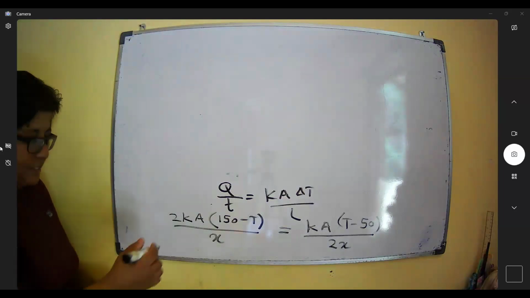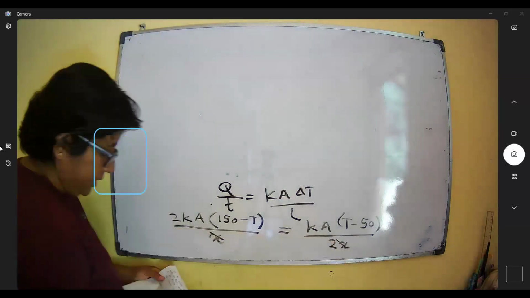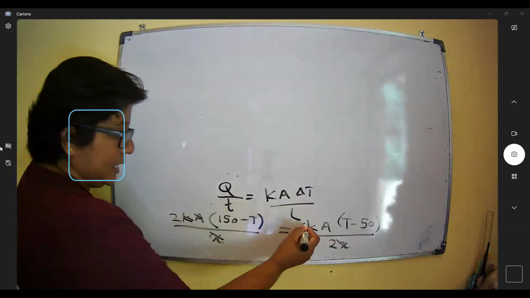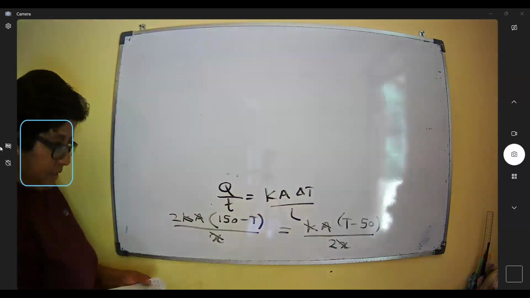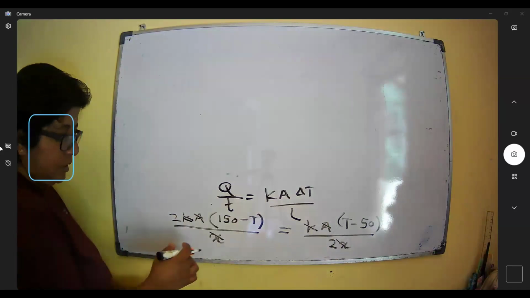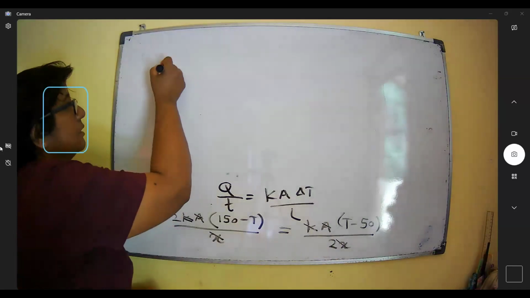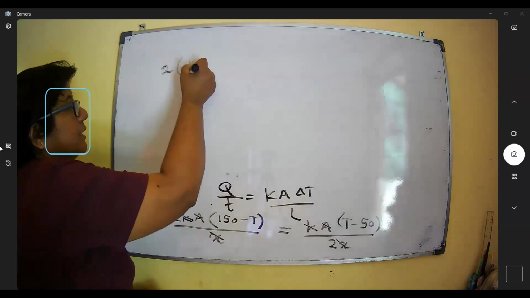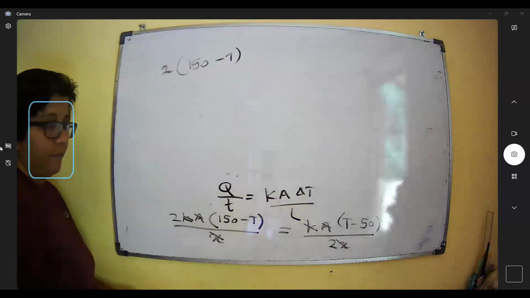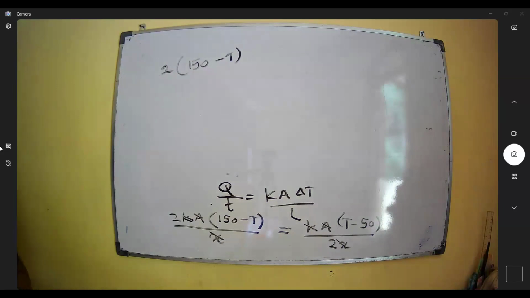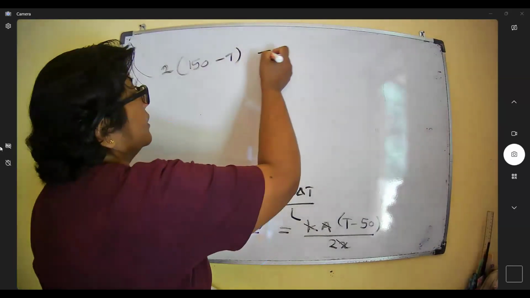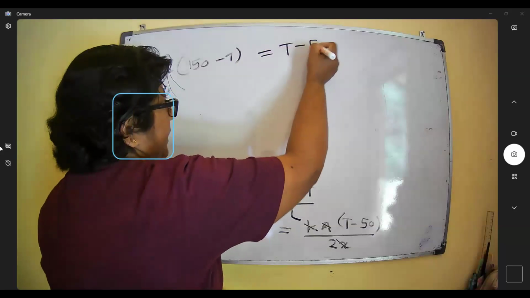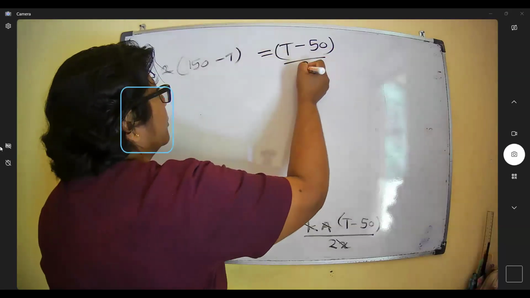Solving this equation, x is cancelled out, right? Then KA also cancels out, right? 2 times (150 minus T) equals (T minus 50) divided by 2.